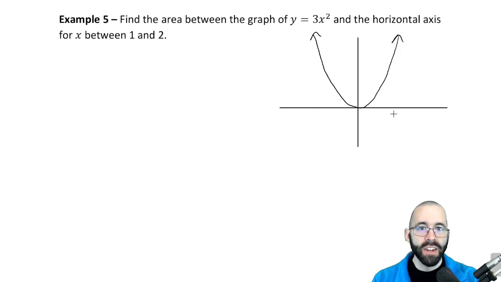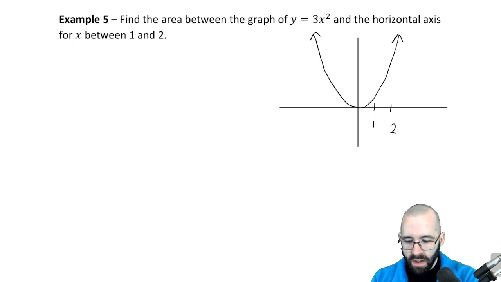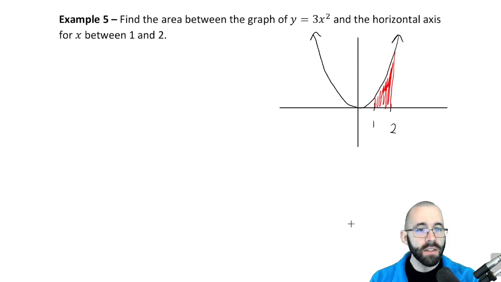I'm not very good at graphing. That's okay. We want the area under this curve between x equals 1 and x equals 2. So we're looking for this area right here, under the graph, above the x-axis. And we know the area under the curve is a definite integral.